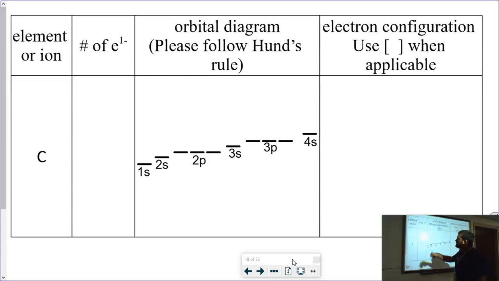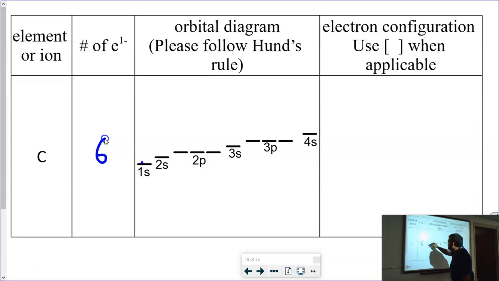For the first one here, we have carbon. The total number of electrons for a neutral carbon is 6. It's element 6, meaning 6 protons, 6 electrons. Orbital diagram, this is the arrows. This is the order of your orbitals, and this order comes off the periodic table following the blocks. I have 6 electrons to add. The first 2 would be element box 1, element box 2.